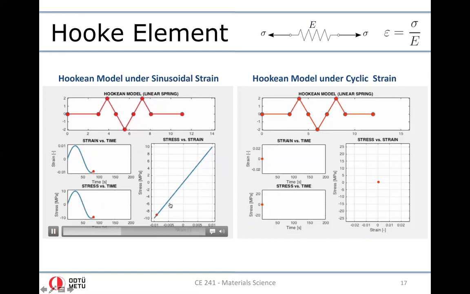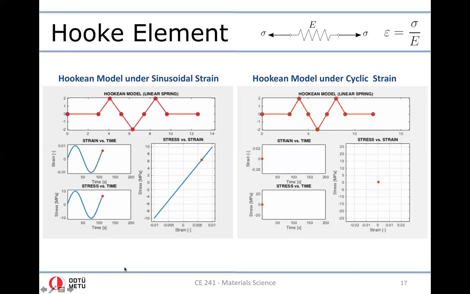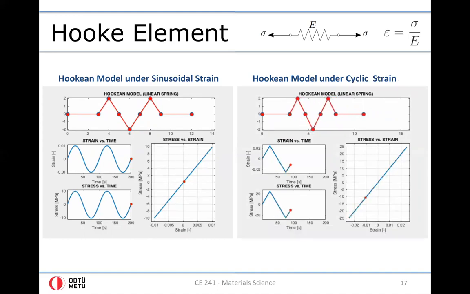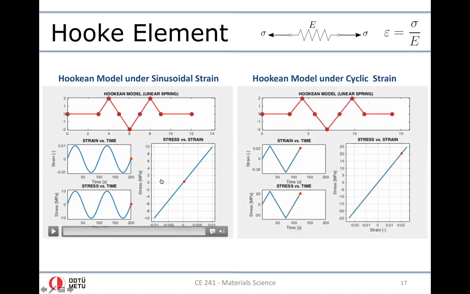You are going back and forth on the same curve. This is what we defined as elasticity, without any dissipation. You can do a similar thing with cyclic loading, like a sawtooth function. Again, the same story. These two different loading functions will make a difference when we load the dashpot similarly.